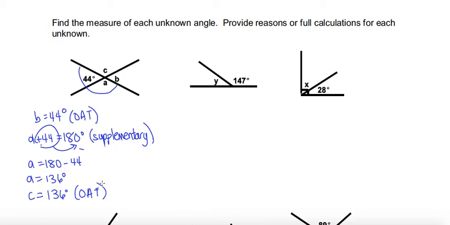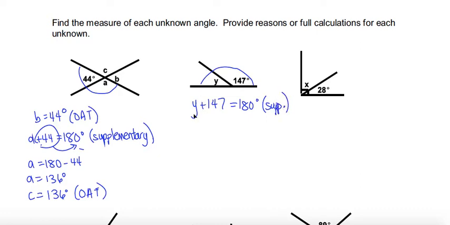Okay, so let's take a look at this next one. Y and 147 form a straight angle, so that's a supplementary angle. So I know that Y plus 147 is equal to 180 degrees, and that is my supplementary angle theorem.